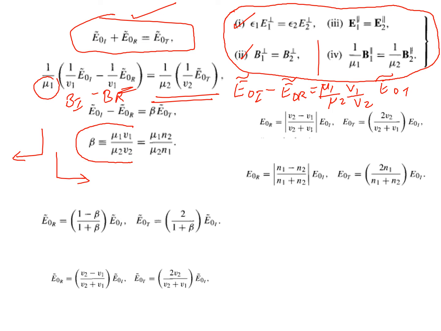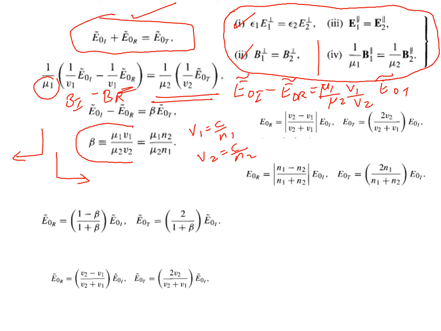And also we can replace V1 and V2. What is V1 actually? V1 is equal to C by N1, and V2 is C by N2, where C is the speed of the wave in vacuum and N1 and N2 are the refractive indices in the respective media.